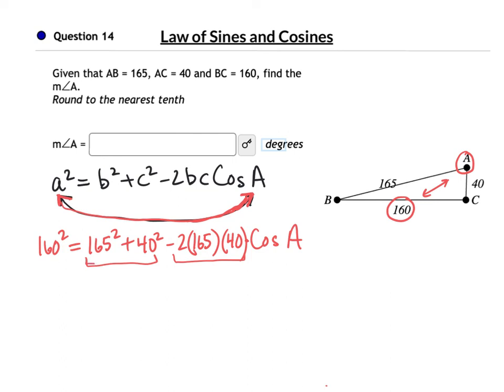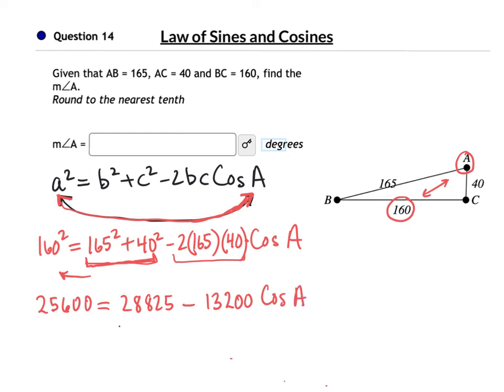But I can add 165 squared plus 40 squared, and then subtract it and move it over there. 160 squared is 25,600. 165 squared plus 40 squared is 28,825. 2 times 165 times 40 is 13,200 times the cosine of A.